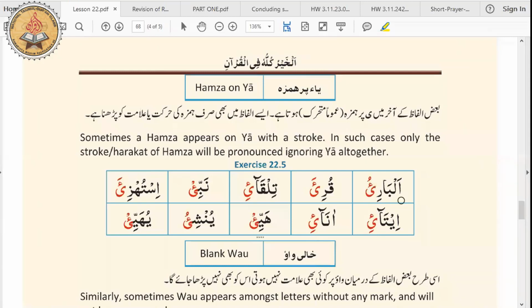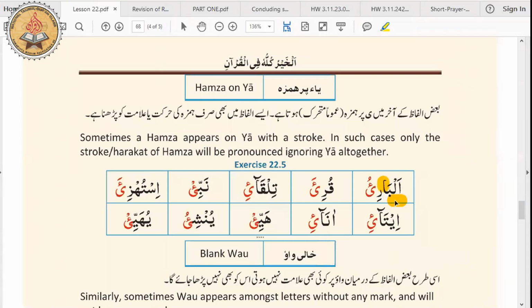So now we are going to practice a couple of words from the rule where we find Hamza on ya. Can you read this word, please? Al-Bari'ul. Yeah, you read it quite right. But over here, as this is Fatha and this is Alif Madhya, we will give it 2 counts.